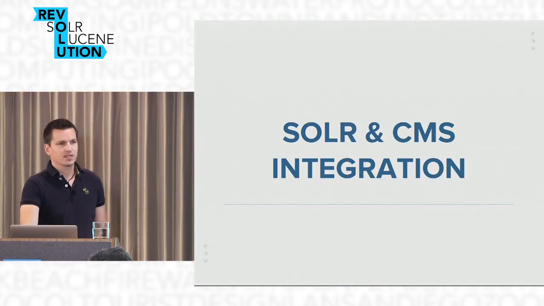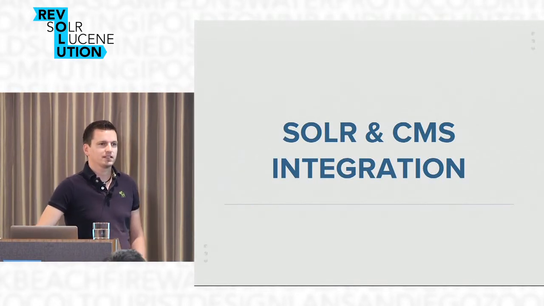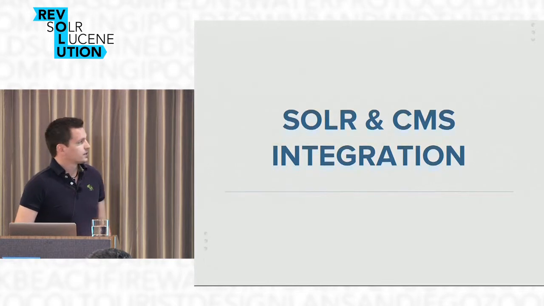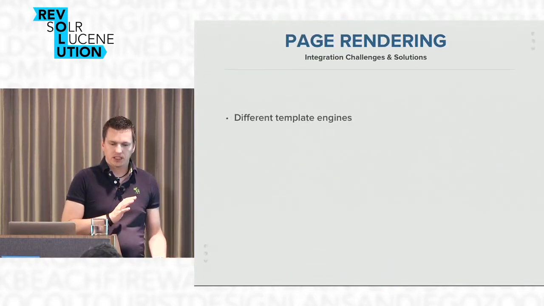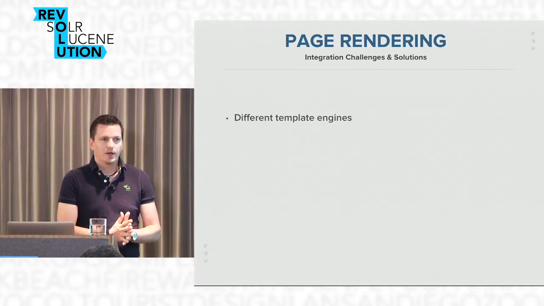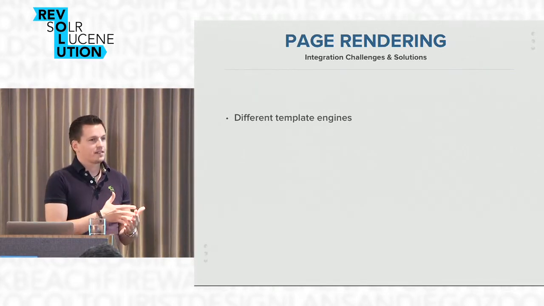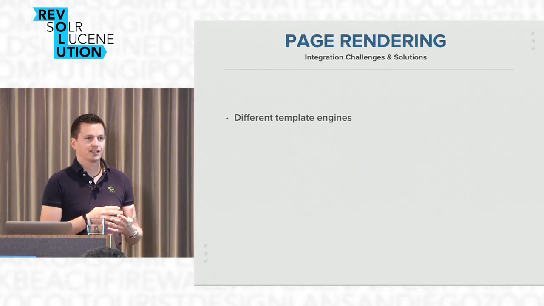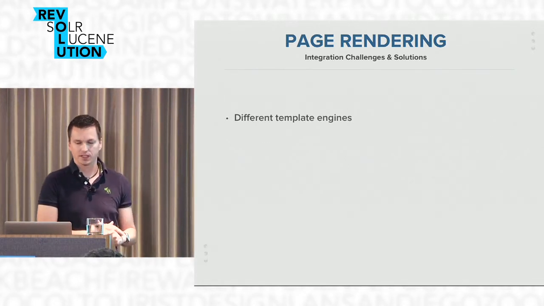What challenges did we face, and what solutions did we find to these challenges? First of all, with a good CMS, you want to have flexible page rendering. Typo3 does have that, but this is also what makes it difficult at some point.